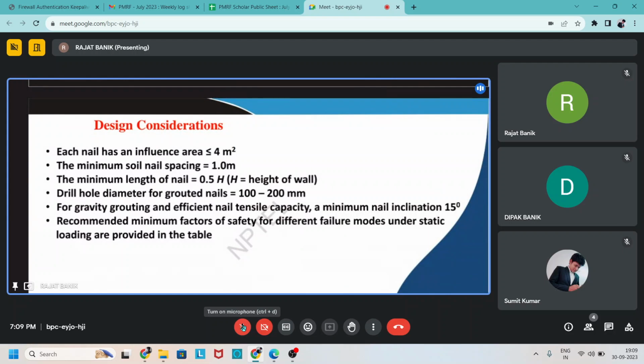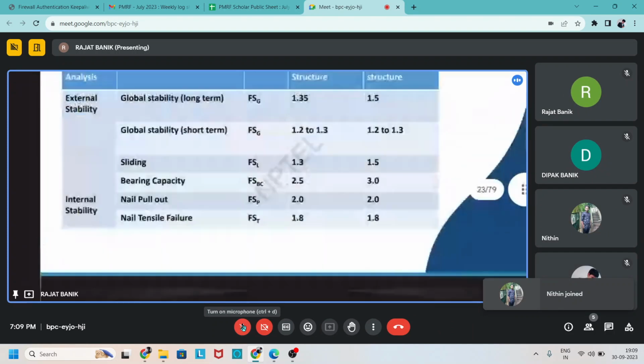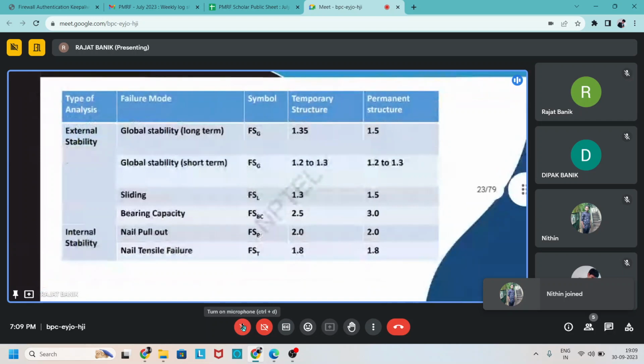Recommended minimum stability factors of safety for different failure modes under static loading are provided in the table. So you see that different factors of safety for failure modes are given. Here, this is divided into two failure modes, one is external and another one is internal.